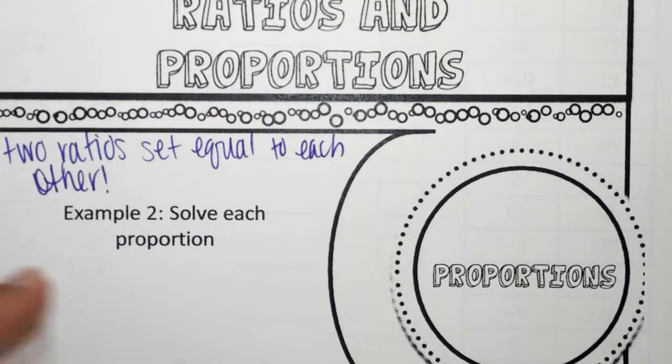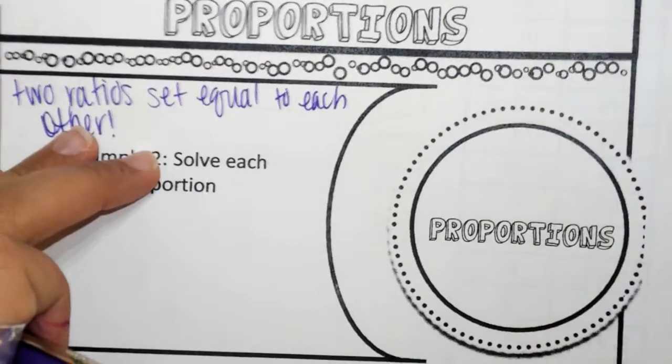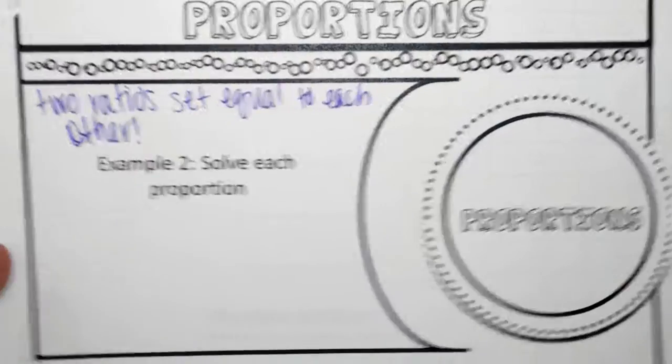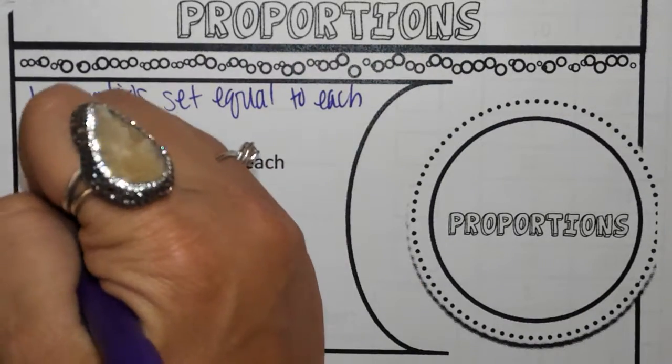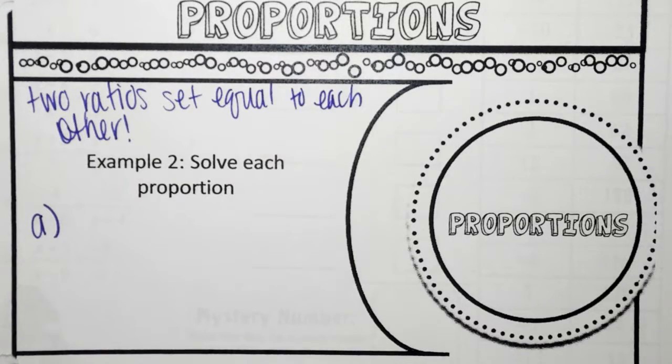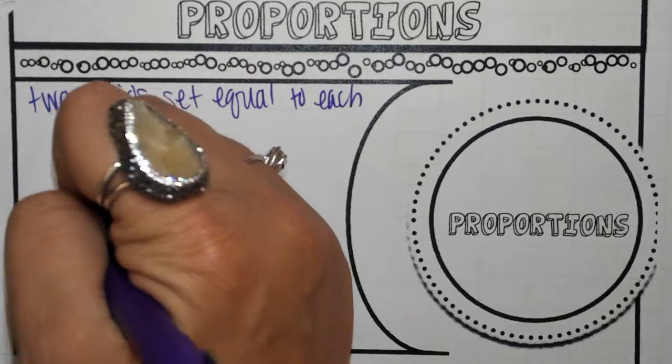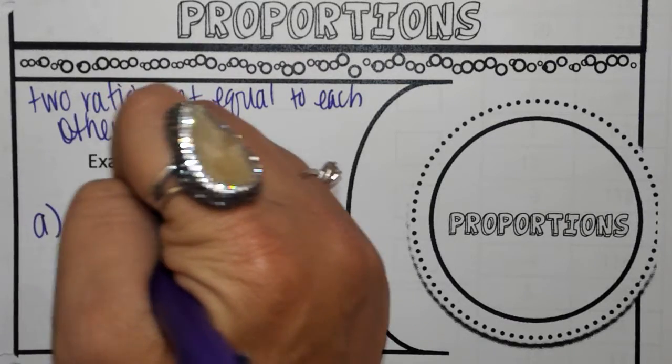And you solve them by cross multiplying. You guys have done this before, right? Okay, good. So our first one that we're going to start with: x divided by 10 equals 3 divided by 5.